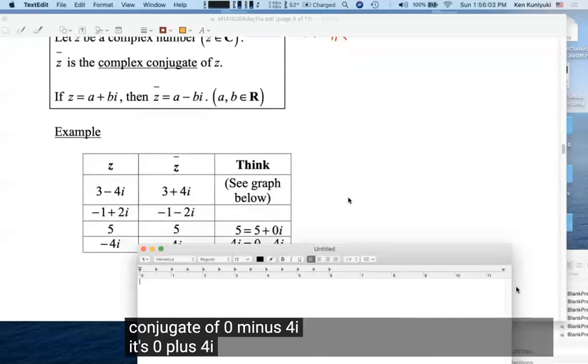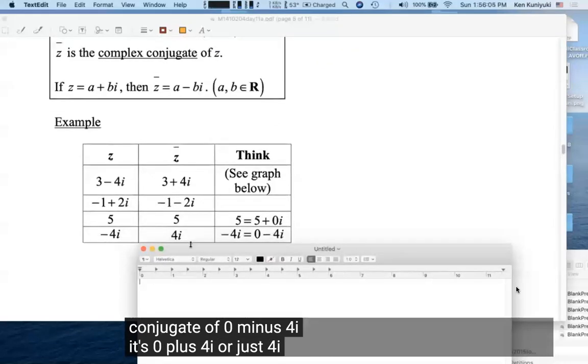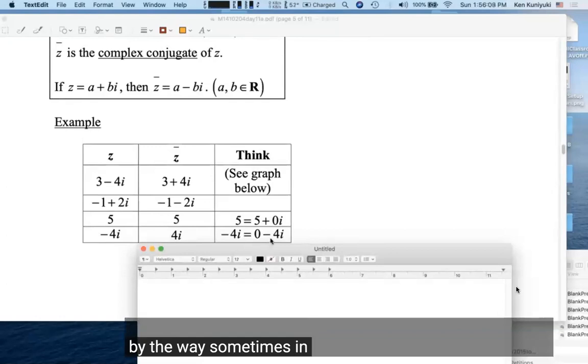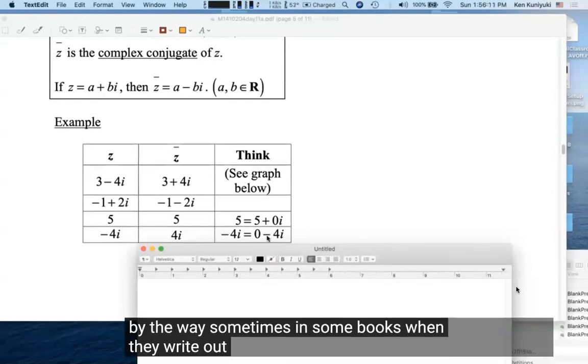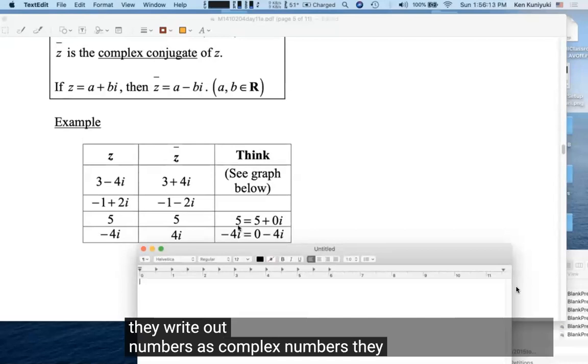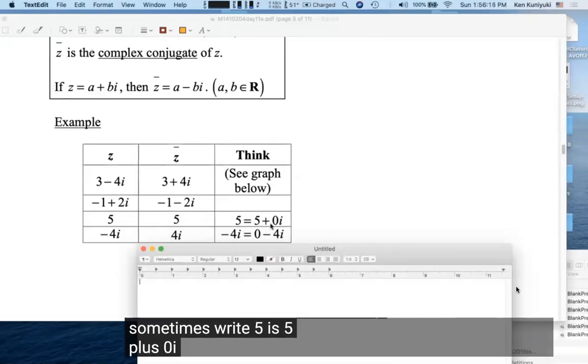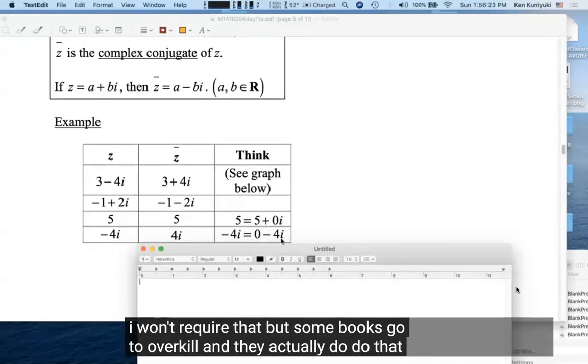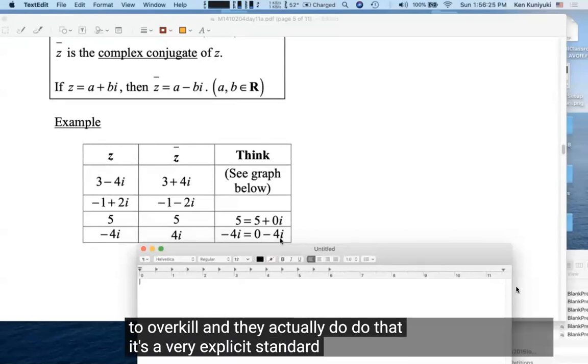It's 0 plus 4i, or just 4i. By the way, in some books, when they write out numbers as complex numbers, they sometimes write 5 as 5 plus 0i and negative 4i as 0 minus 4i. I won't require that, but some books go into overkill and actually do that. It's a very explicit standard form.